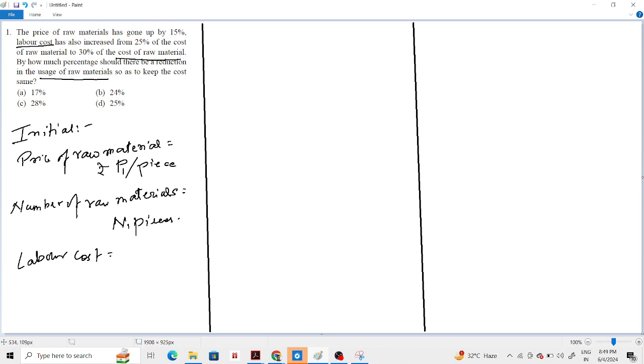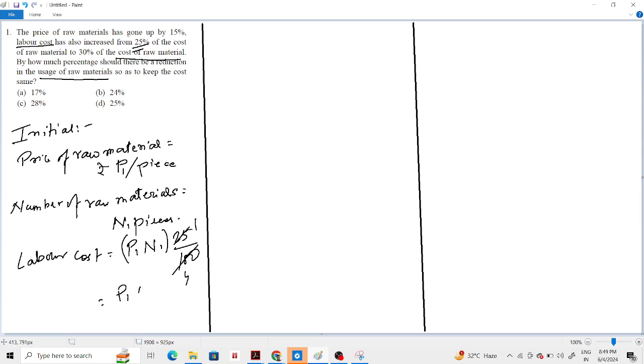Cost of the raw material, right? So labor cost is P1 into N1 into how much? 25% of this, because P1 into N1 is the total cost of the raw material. Labor cost, the initial one, is usually 25% of the cost of raw material. That is why 25 by 100 into P1 N1.